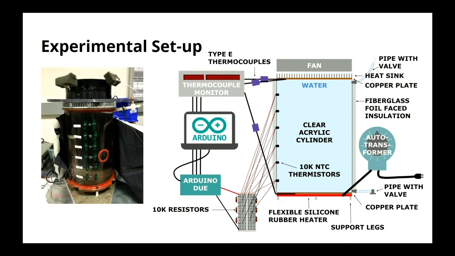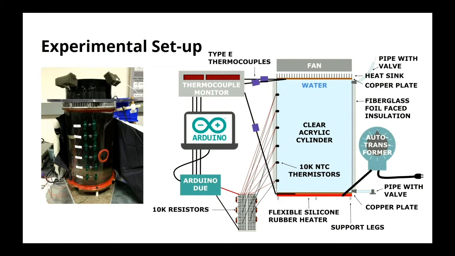This is a picture of my real experiment and the diagram. I took an existing convection apparatus and installed all this thermometry on it. The black dots on the side labeled thermistors are temperature probes, basically. I labeled them 1, 2, 3, 4, 5, 6, so I have 6 thermistors in the flow.